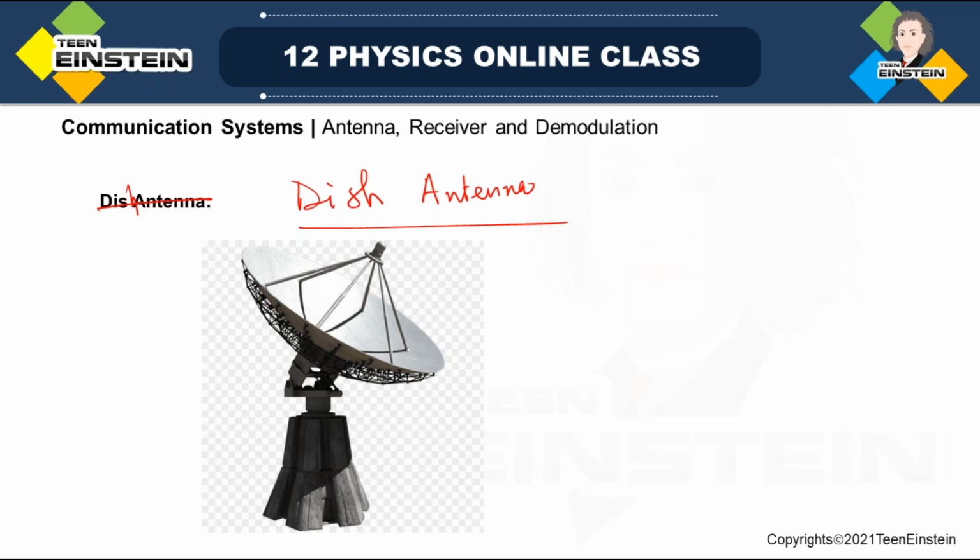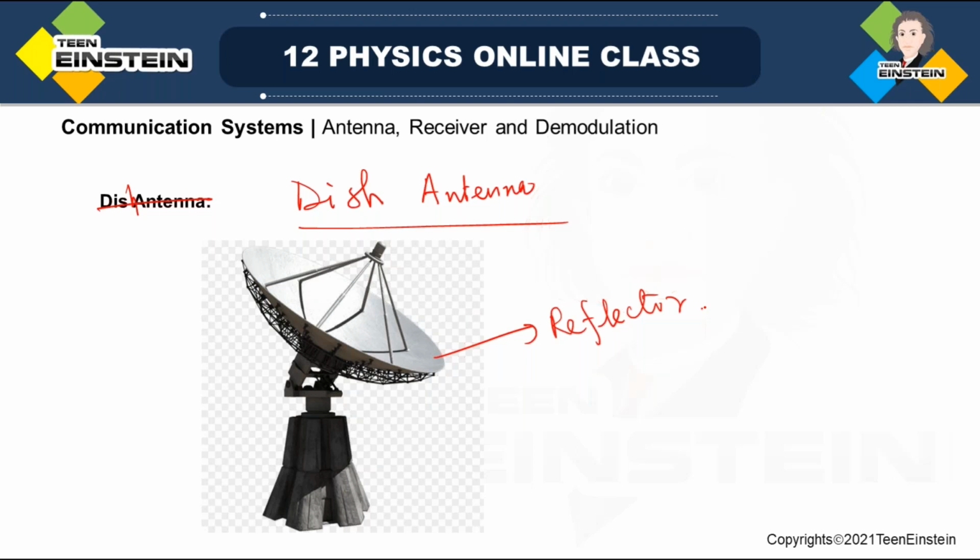Generally, there will be a reflector. The reflector is this one, either parabolic or spherical. It can be a spherical dish or a parabolic reflector also.